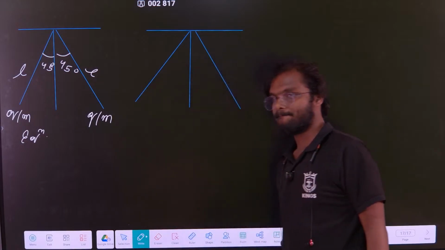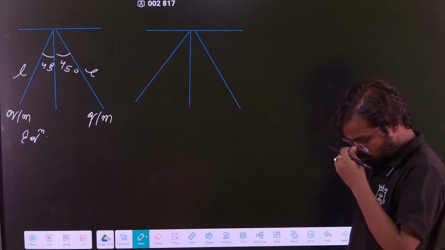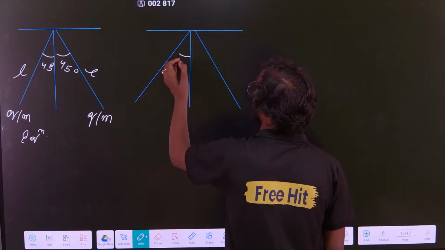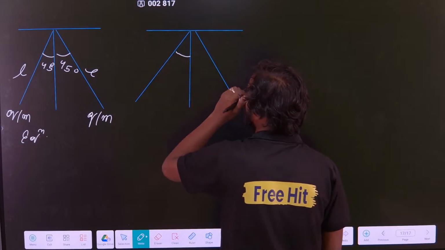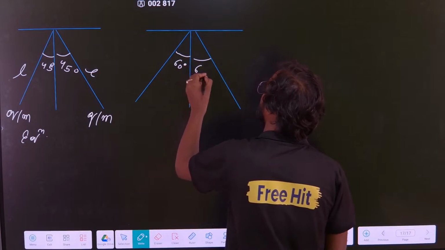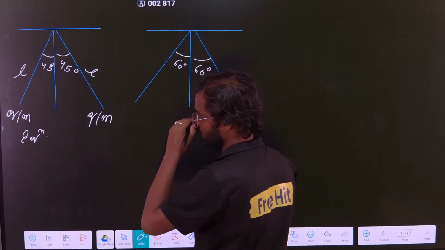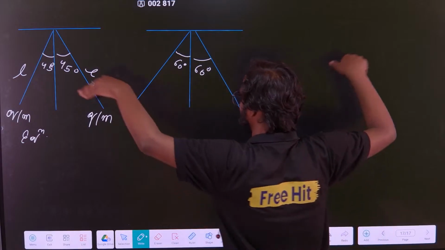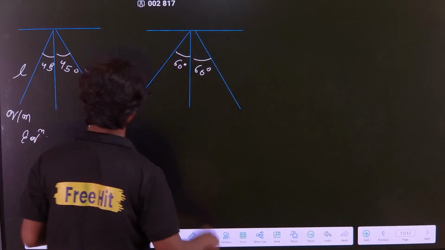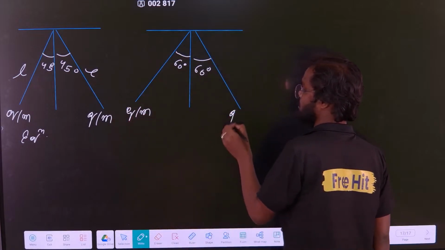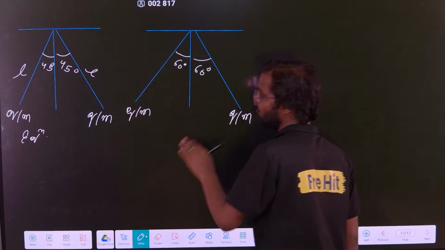Now suppose this angle will become 60 degree, correct? So if it is 60 degree, and this charge is again q, mass m, this charge is q, again mass m. So what is going to happen here?